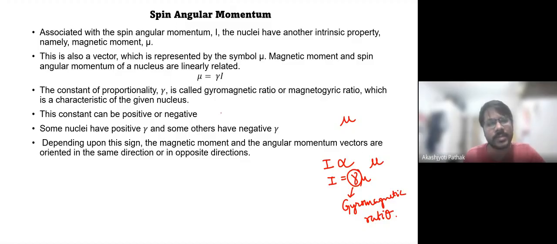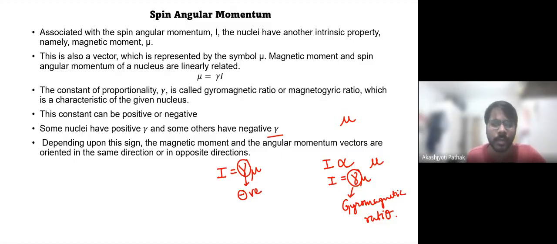This constant can have a positive value or it can have a negative value. So some nuclei have positive gamma and some others have negative gamma. Depending upon this sign, the magnetic moment and the angular momentum vectors are oriented in the same direction or in opposite direction. Because the spin angular momentum is equal to gamma mu, if your gyromagnetic ratio takes a negative value, then what will happen?